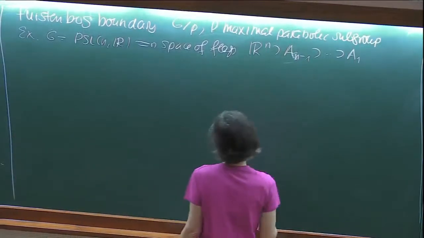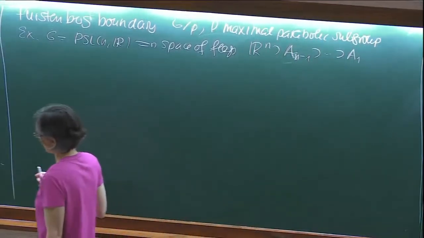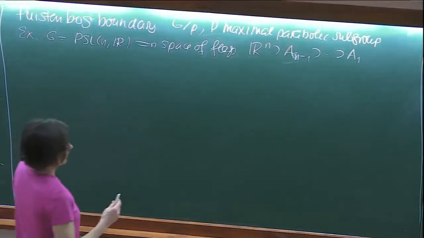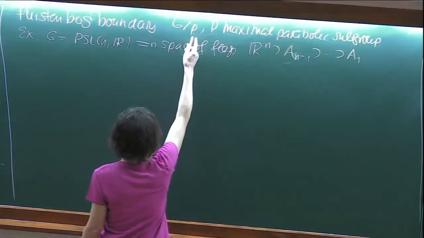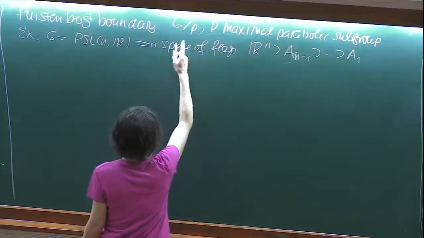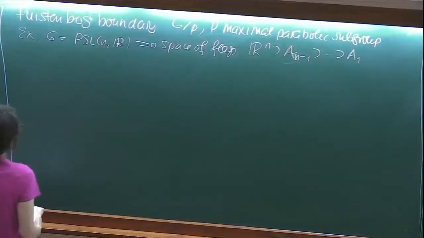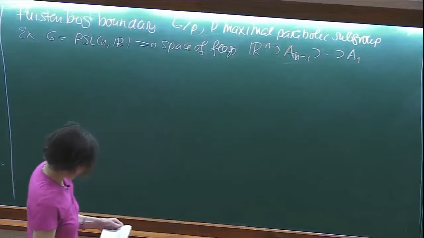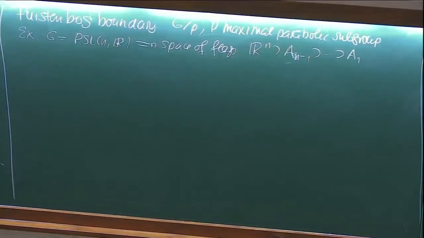If you look at such a flag, this is definitely a space on which the group PSLNR acts. The stabilizer of such a flag is a maximal parabolic, and hence the space can be identified with G mod P. So this is just to give you something that is very explicit.